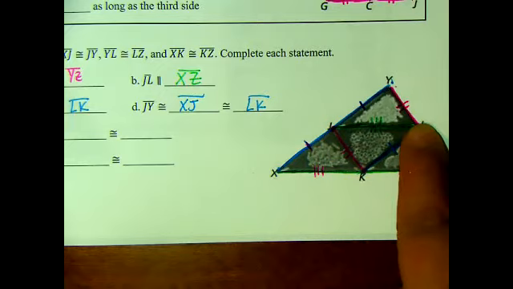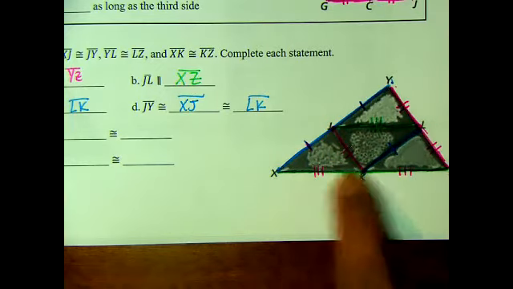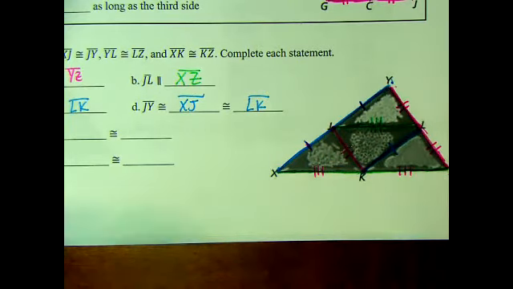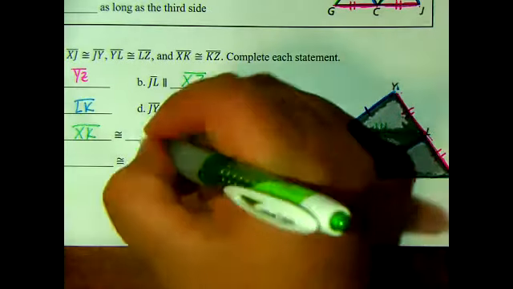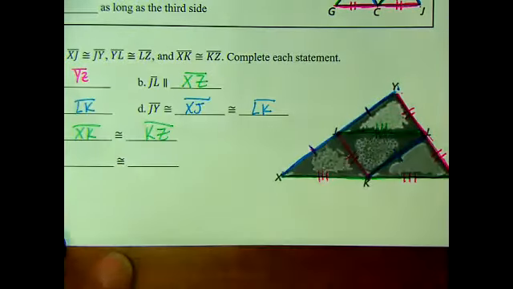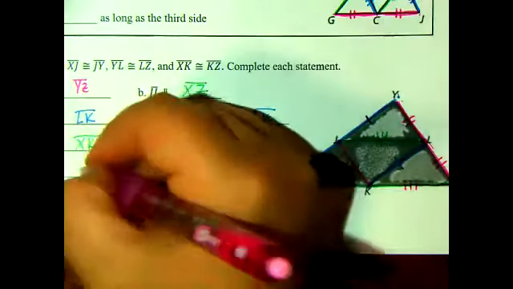JL is going to be congruent to that guy and that guy. So JL is congruent to XK and KZ. And last but not least, we have JK, and JK is congruent to YL and LZ.